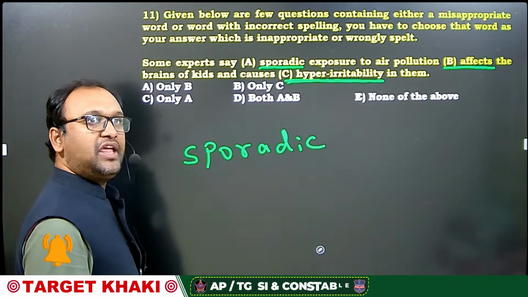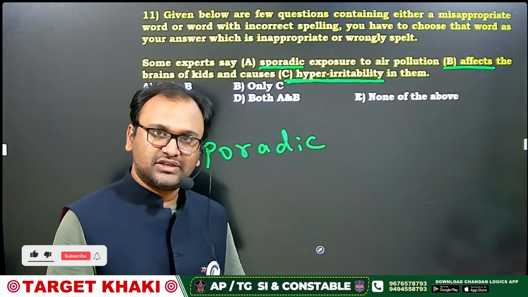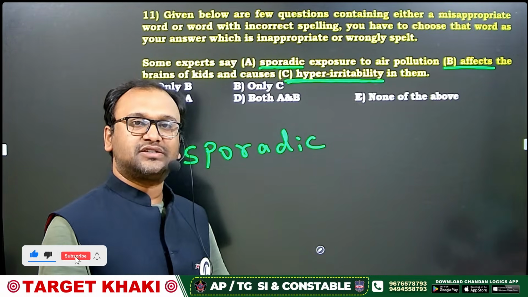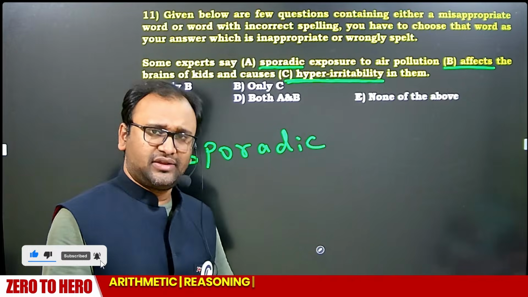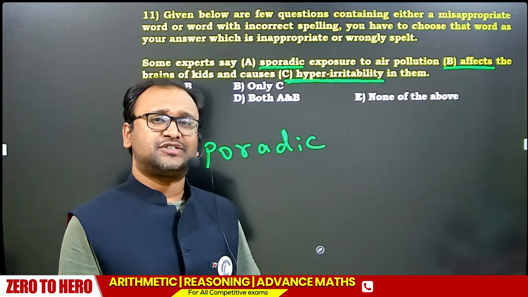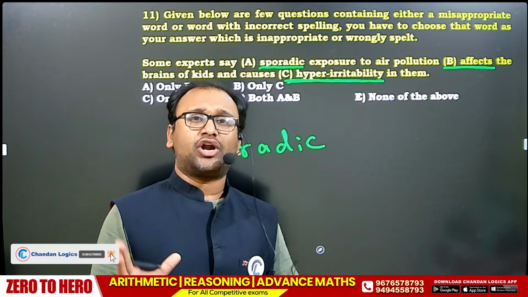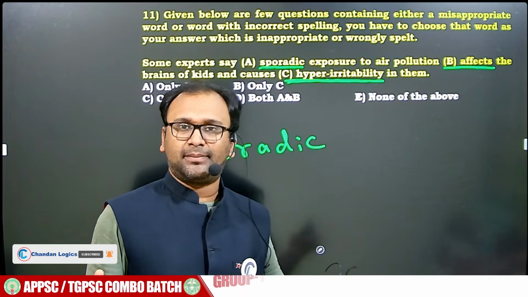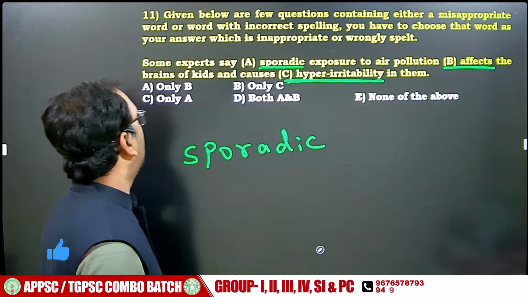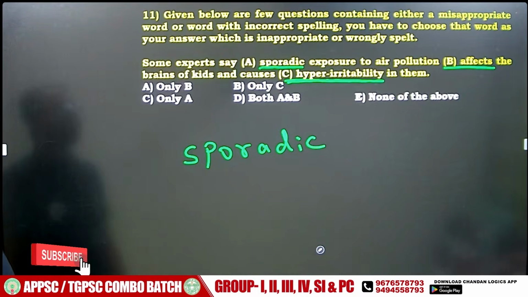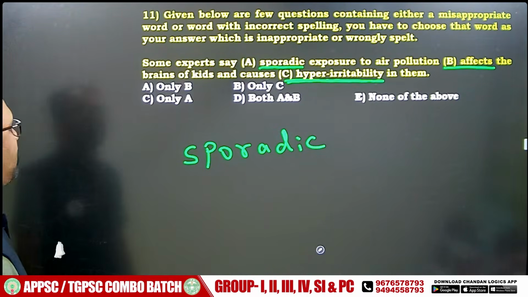Do you know the meaning of the word sporadic, my dear friends? Sporadic means very rarely, infrequently, or short term, something that has a short term lifespan. Experts say sporadic exposure to air pollution affects the brain.